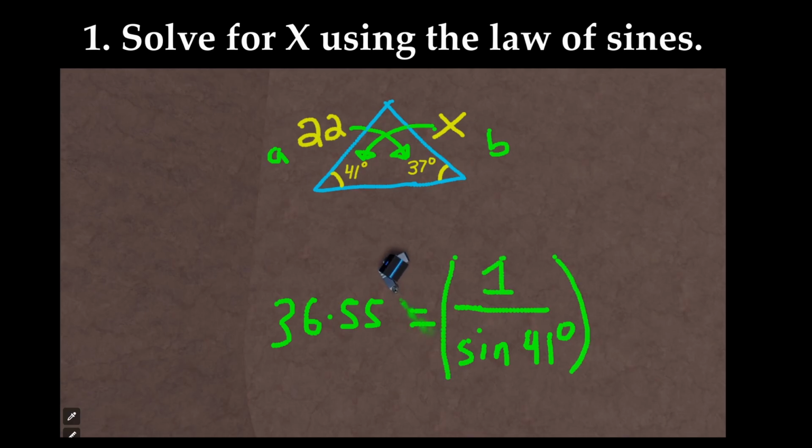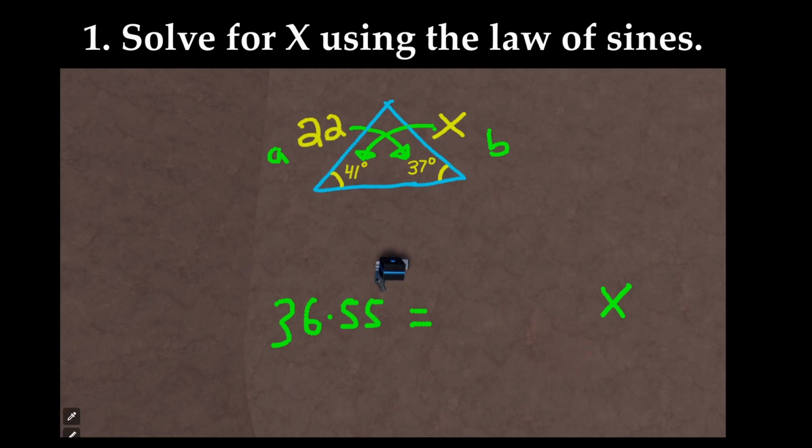This is the same exact thing. So now just do 1 divided by sine 41, and that'll give us the coefficient on x. If you do that, you should get that the coefficient on x will be 1.524. Then to solve for x, just divide by the coefficient, which is 1.524.